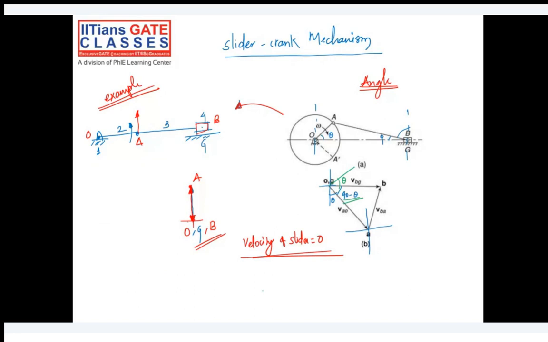If theta is given in the mechanism or linkage, then we can judge what the angle will be in the velocity diagram on that basis. Okay, is it clear?